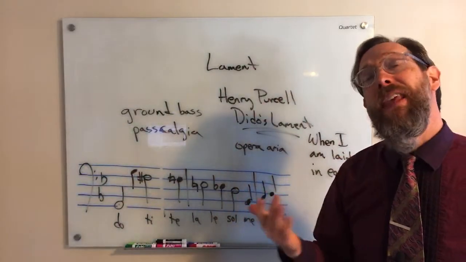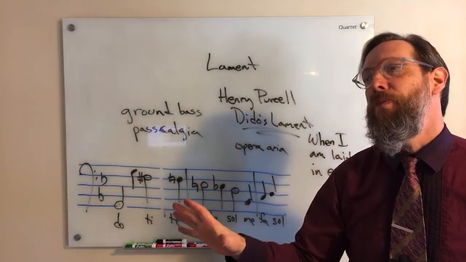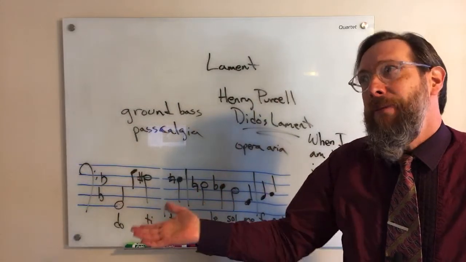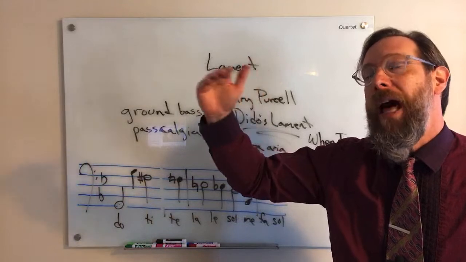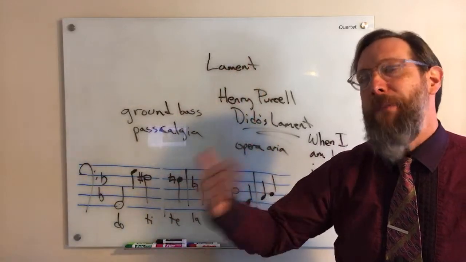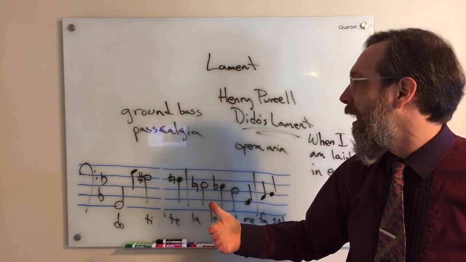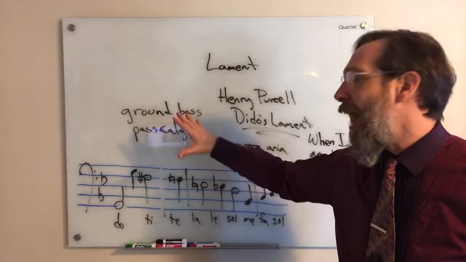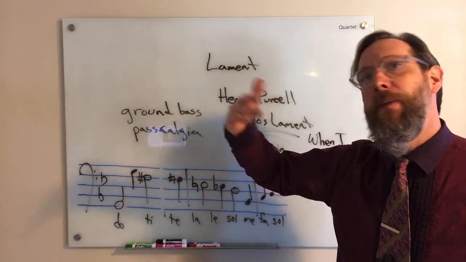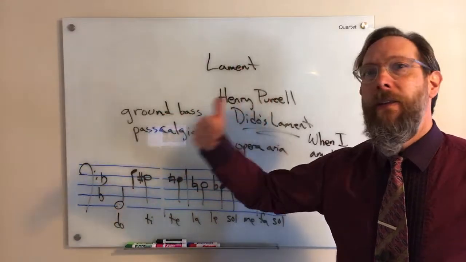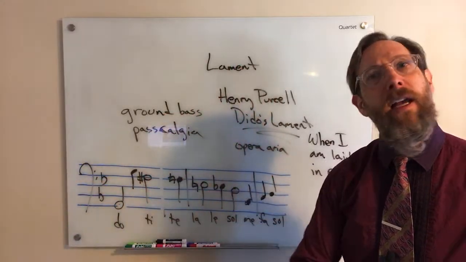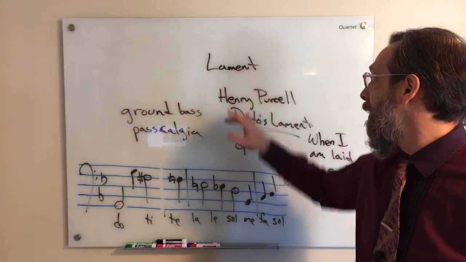It's almost like theme and variations, but instead of a melodic theme, it's a bass repetition. It's like a repeated bass line, and on top of that, you have all the different harmonies and melodies that float over this kind of repetitive bass.